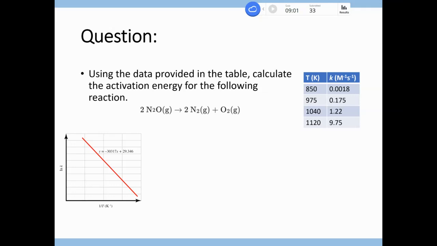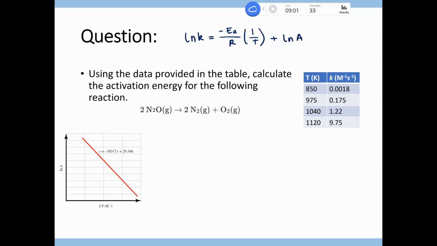So we can use this equation: natural log of k equals negative activation energy over R times 1 over T, plus natural log of A. That's the y-intercept.